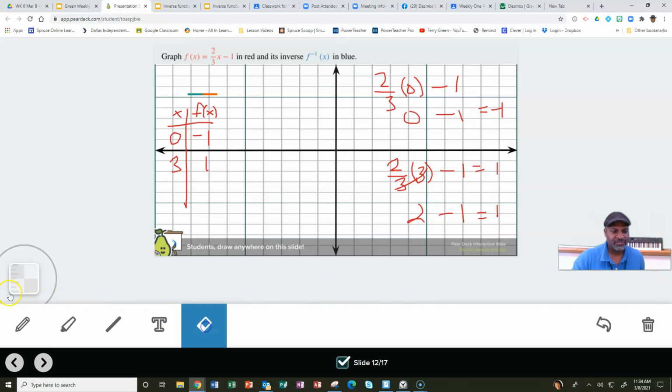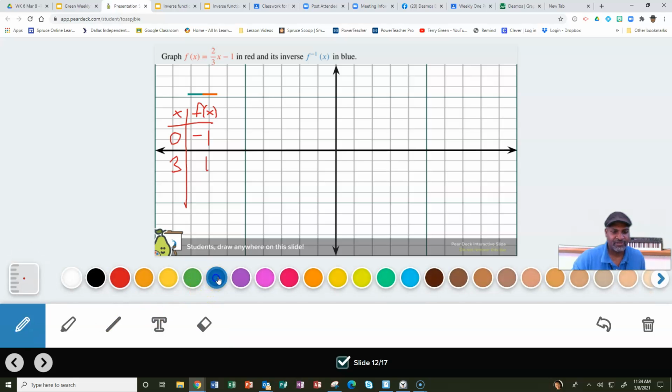Okay, so let me get rid of all this. Now I'm going to graph the inverse. So I'm going to take the pencil blue, and I'm just going to take x and f inverse of x.